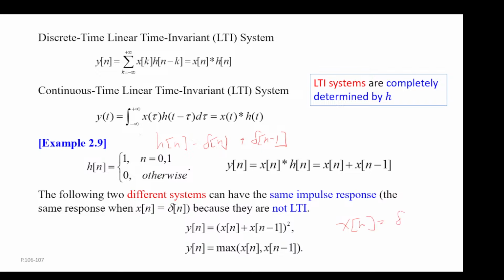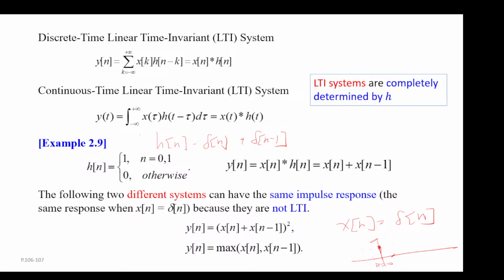If x of n is 1 spike at n equals 0, and y of n equal to max of x of n and x of n minus 1, then at each point you look at the value of x of n and x of n minus 1 and see what's the maximum, and it's all 0 except at n equal to 0, where the maximum is 1.